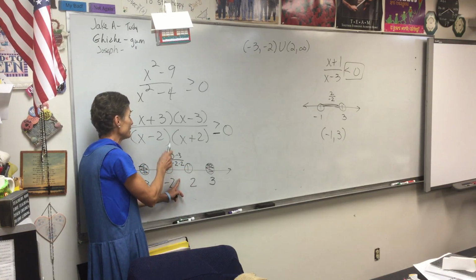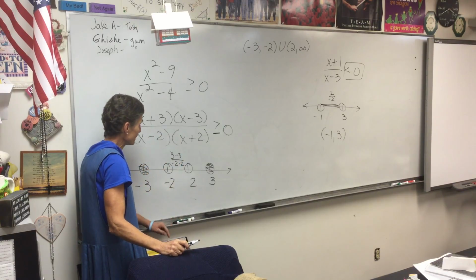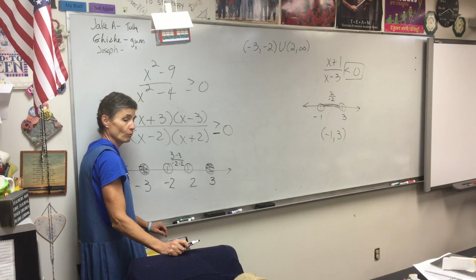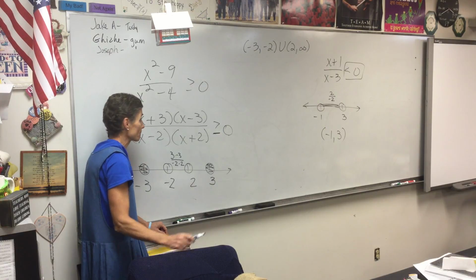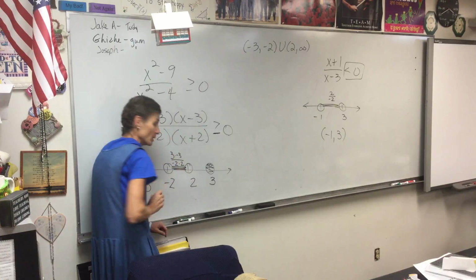So I'm putting in zeros, and I end up with what? -9 over -4, which is positive. Is that what I wanted? So that section actually works.